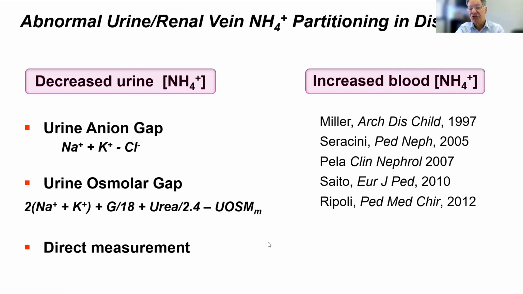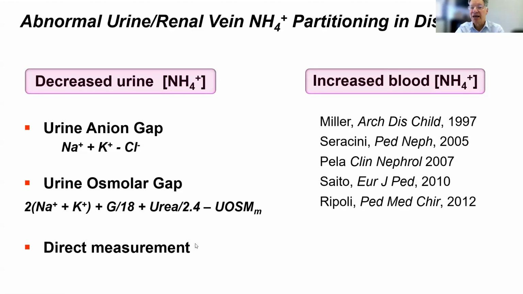What people don't realize also is that because of the partitioning issue, when ammonia doesn't get into the urine, especially when the distal RTA is just created, it actually ends up in the blood. And so if you have someone with elevated ammonia in the blood and low in the urine, that really can only occur with distal RTA. It's a clue that you have distal RTA, and most clinicians are totally unaware of the literature.